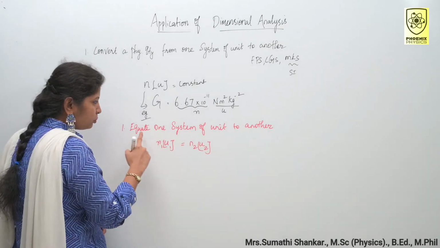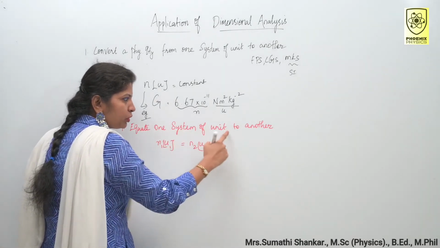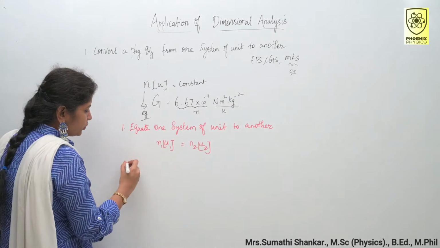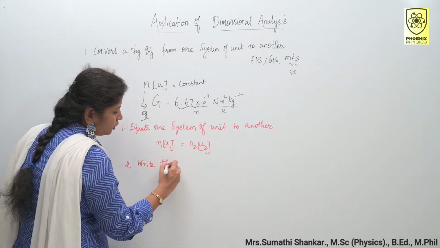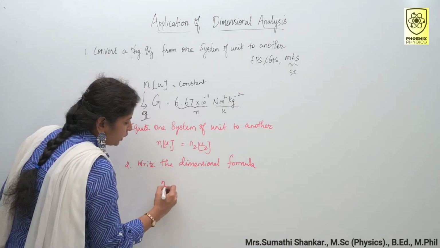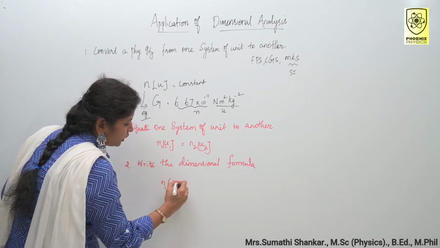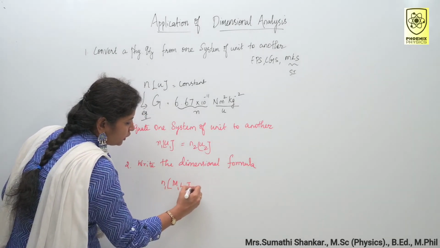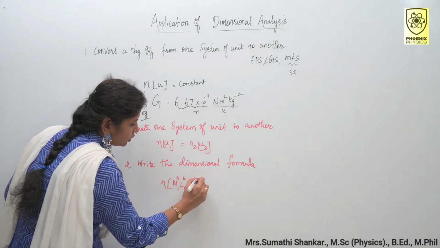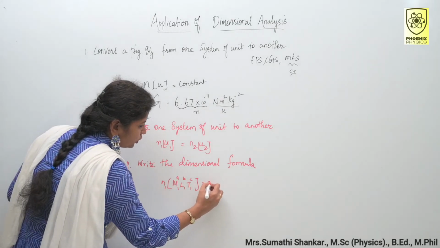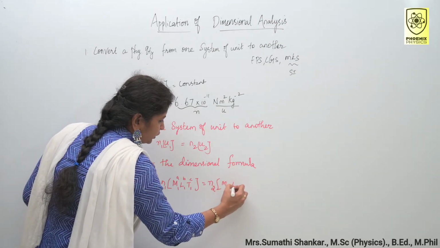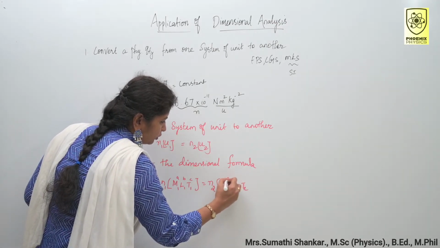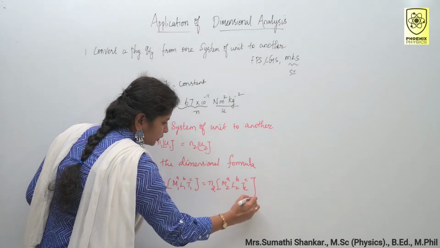Second step, write the dimensional formula, that is N1 into M1 L1 T1 power ABC, which is equal to N2 into M2 L2 T2 power ABC.